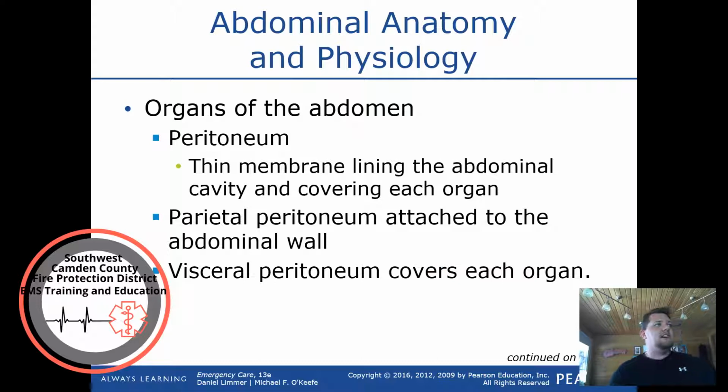So, organs of the abdomen. We've got the peritoneum, which is a thin membrane lining that covers the abdominal cavity, and it covers each organ as well. The parietal peritoneum is attached to the abdominal wall, and the visceral peritoneum covers each organ.